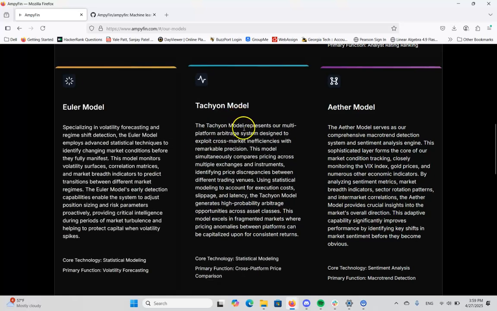We have our Techion model. What it does is it tries to exploit cross-market inefficiencies. So if one asset is priced at this price at X market and Y market, another price pops up for that same asset, then it tries to exploit those inefficiencies.